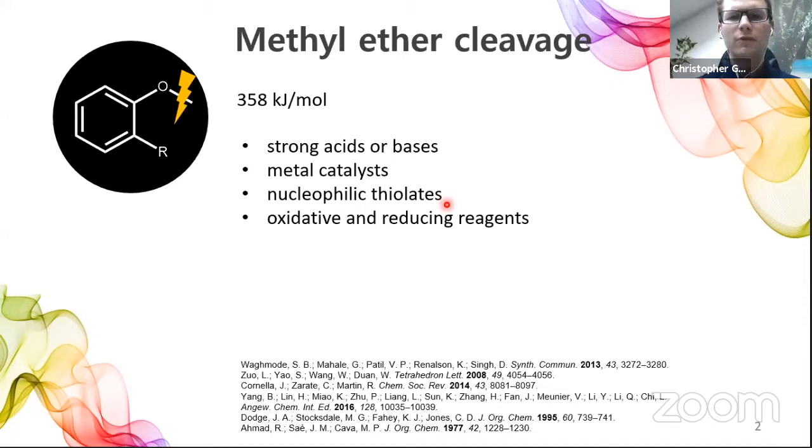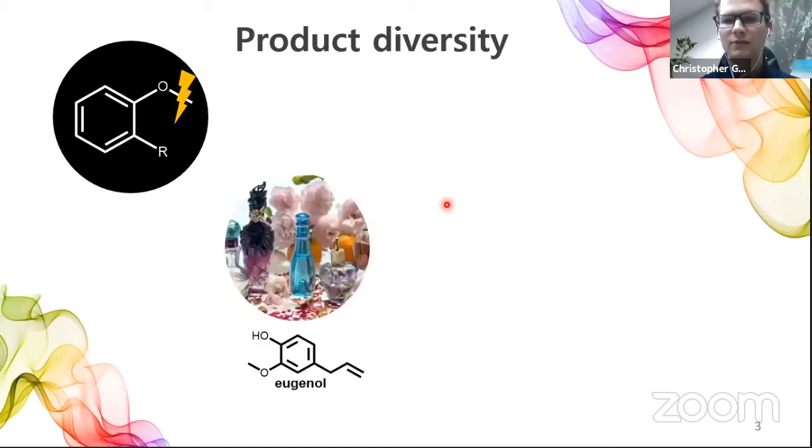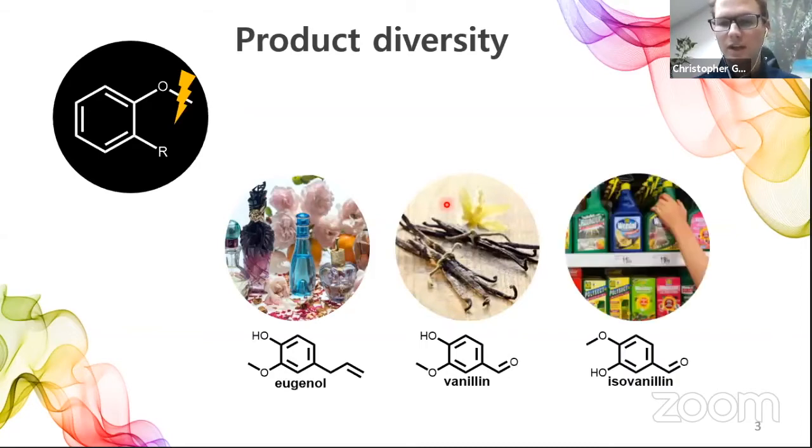So where can we find all those demethylated products actually? We can find these products anywhere in our life. Basically, we can find them in our bathroom. We can also find them in our kitchen as a flavoring compound, as well as in our garden, for example, if we want to get rid of some insects or plants that we don't want to have.